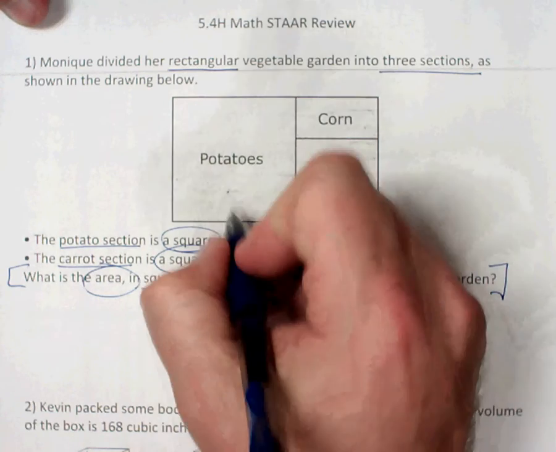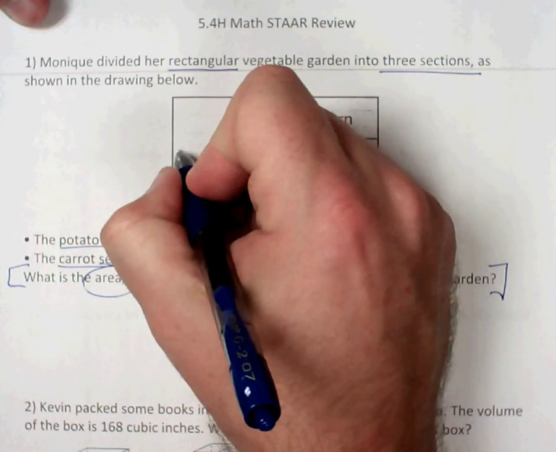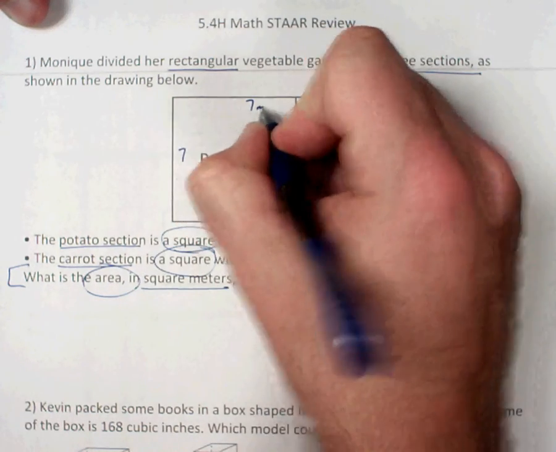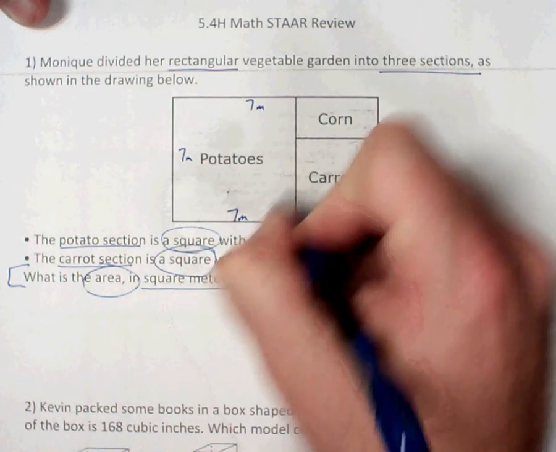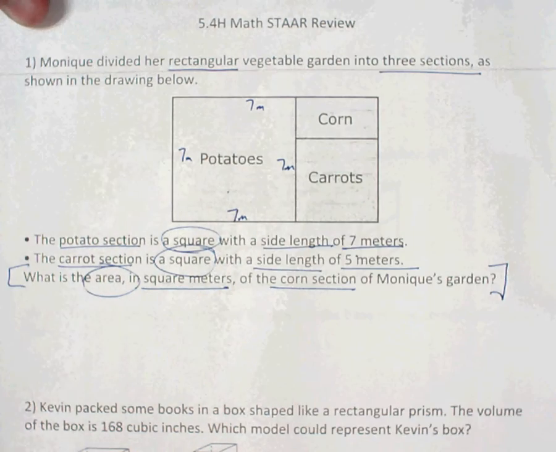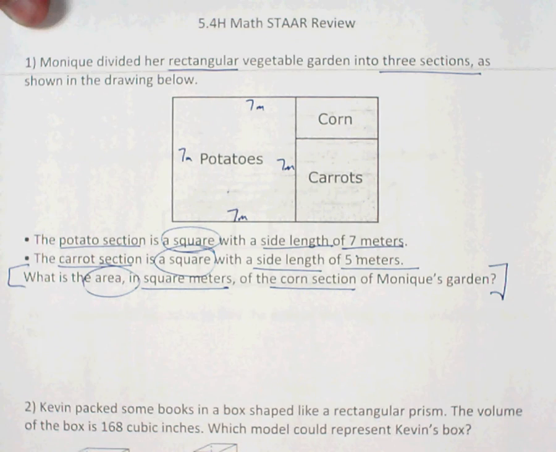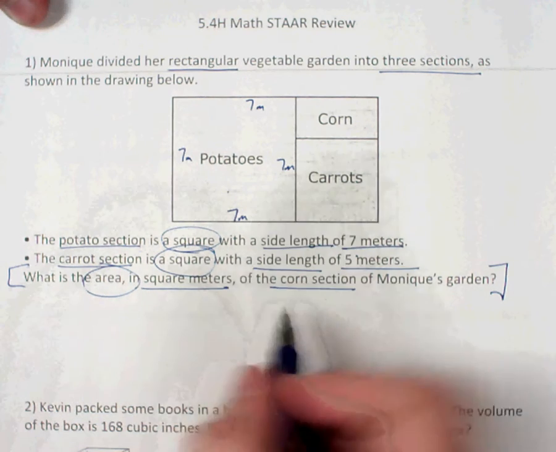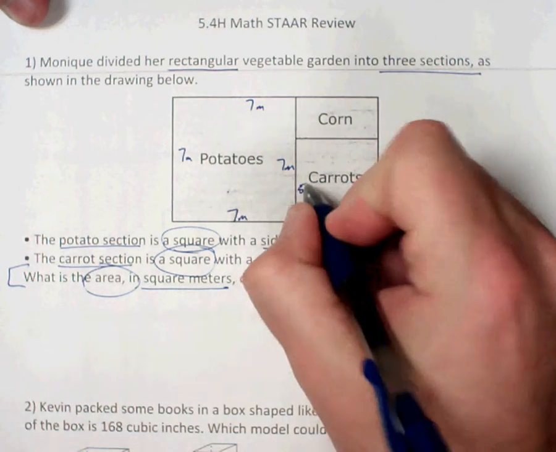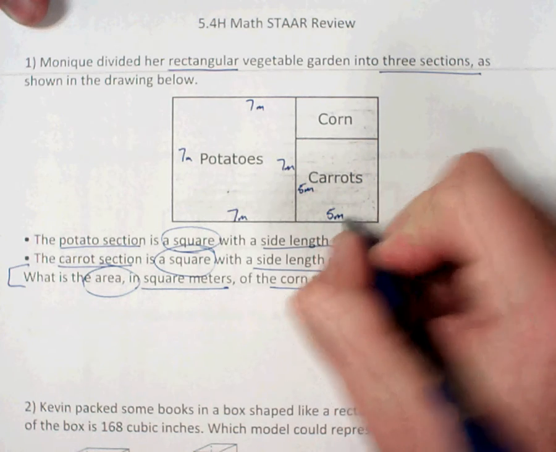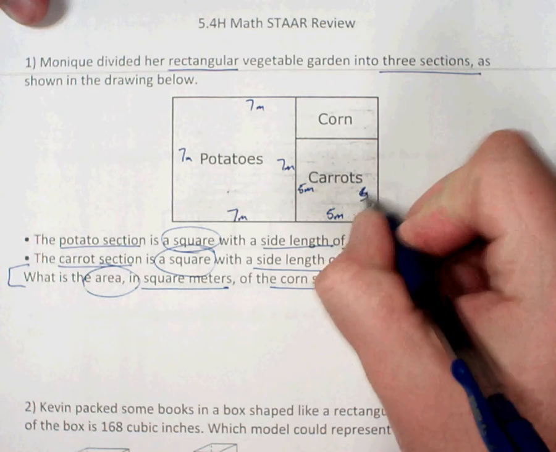So what I want to do is label all the sides as 7 meters. Now because it's a square, I know that every single side is going to be the same length. So side length is 7 meters. The carrot section, same thing. It's 5 meters though. So I'm going to label each of the 4 sides as 5 meters.